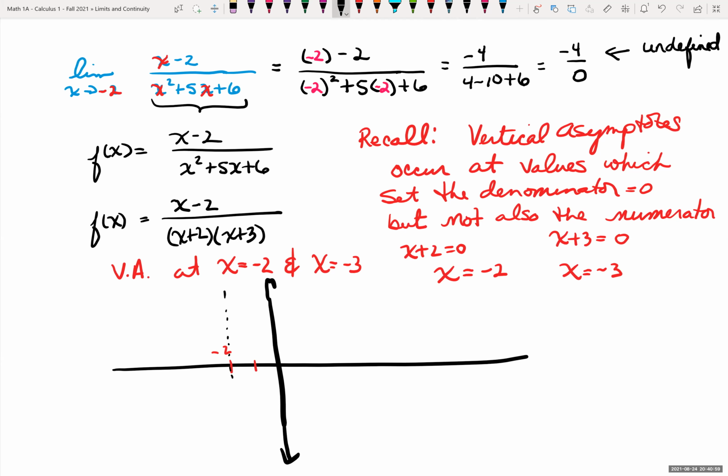It's undefined there. And we're looking at the limit as x is approaching -2. So we're looking at what's happening to the graph as we get closer and closer to that -2 value. Well, remember that at vertical asymptotes, the graph is either shooting upwards or downwards as we approach that x value.